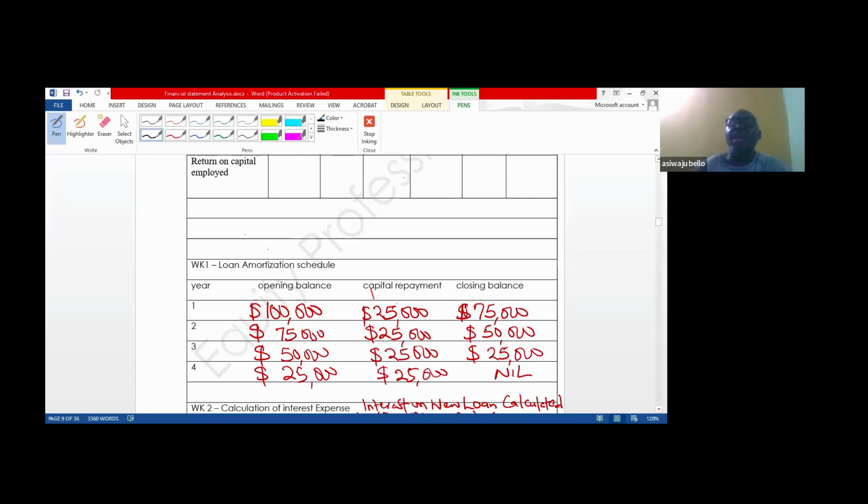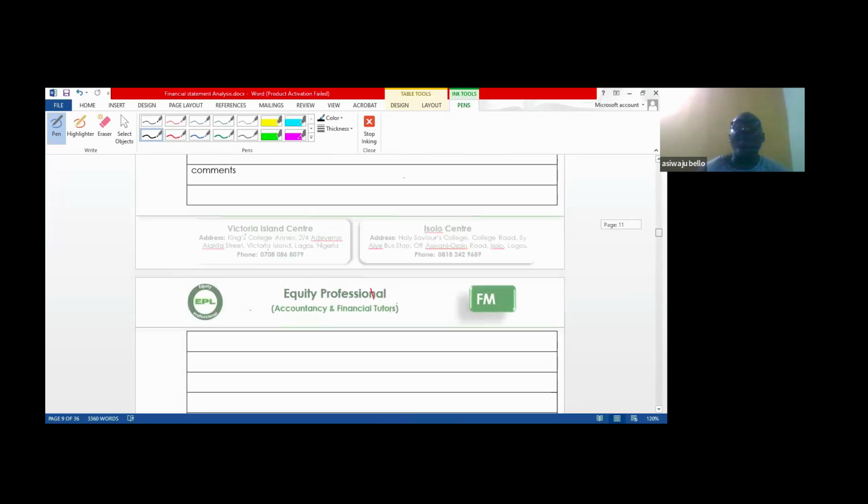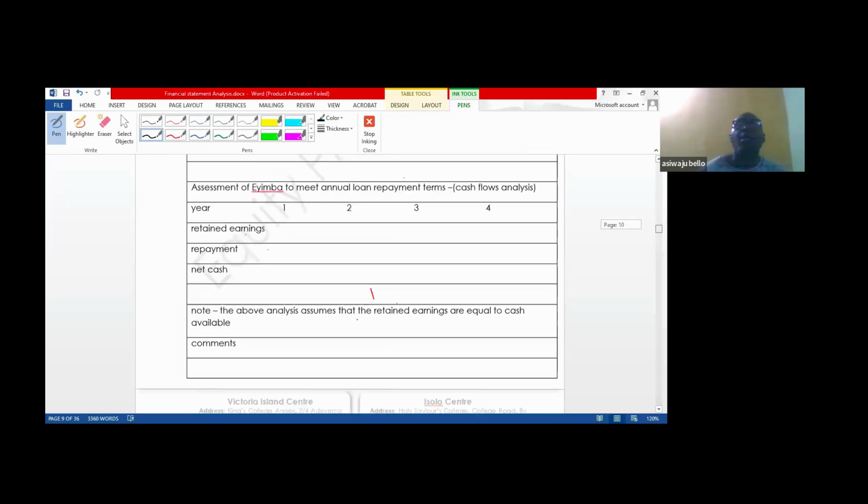At the end of year 1, if you take a loan of $100,000 at the beginning of year 1, you now repay $25,000. That means the closing balance, the debt at the end of year 1, is $75,000. Look at it.